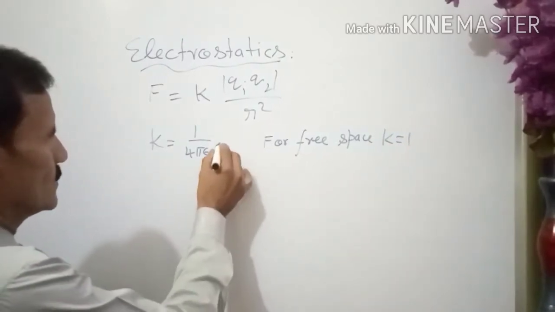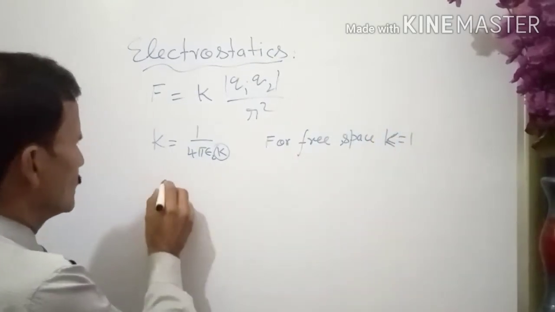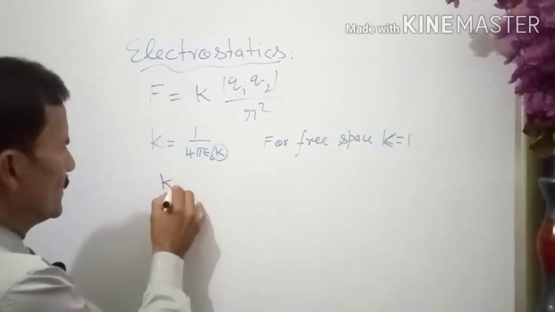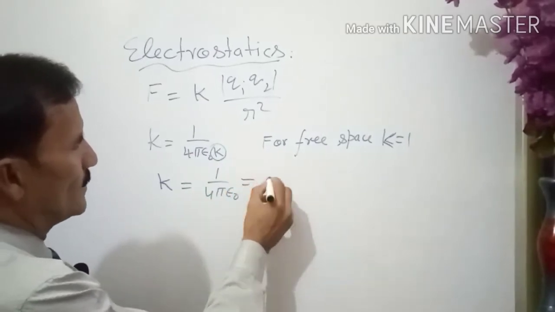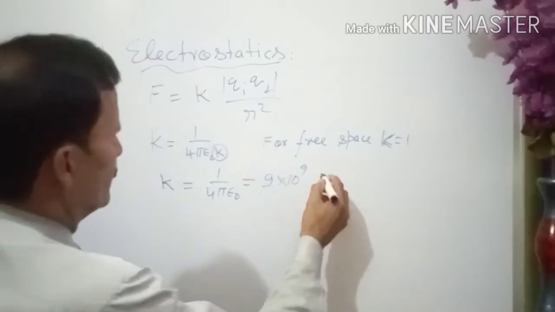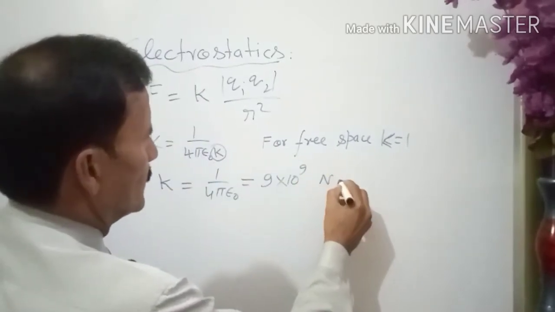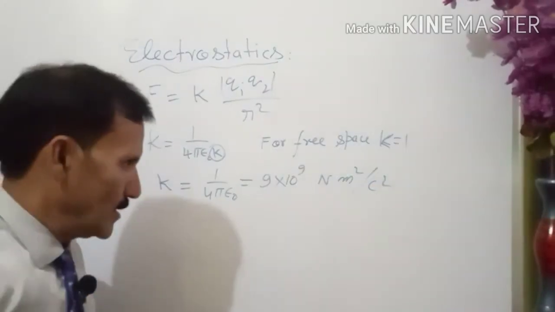So this K is the dielectric constant, and the constant becomes 1 upon 4 pi epsilon naught, and he found its numerical value. And what is the unit? Newton meter square upon Coulomb square.